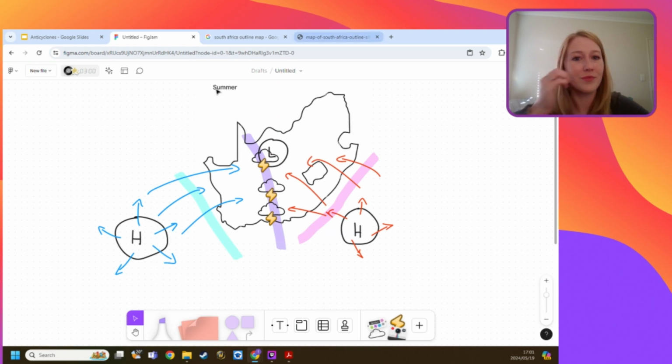There we go. So here we have our line of thunderstorms. That's literally what they're called, line of thunderstorms.